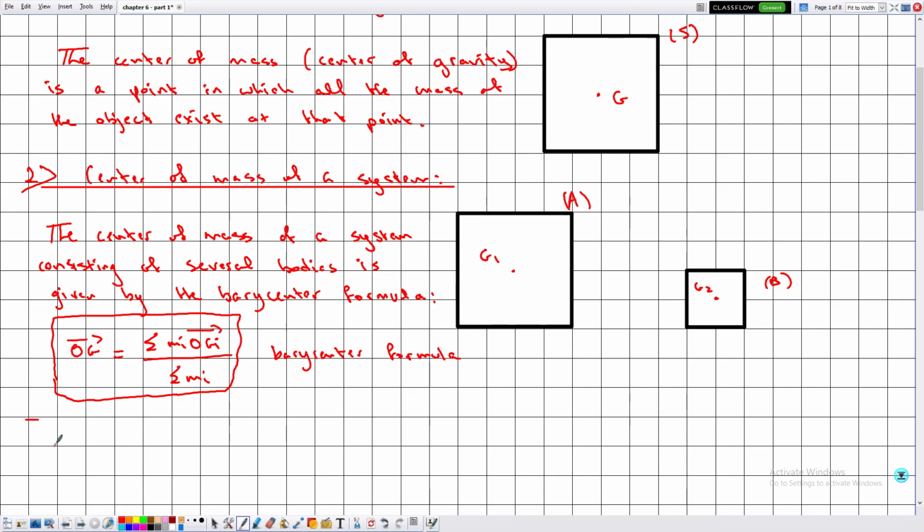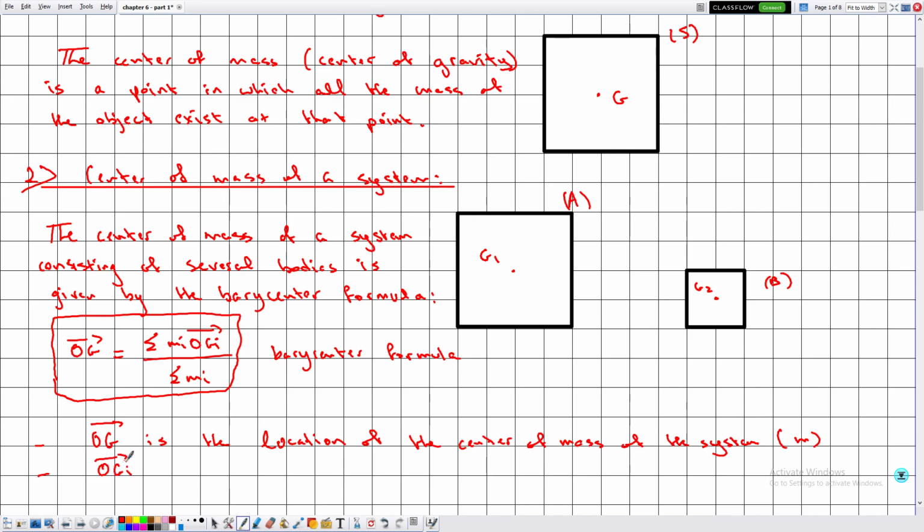Then what does each quantity represent? OG is the location of the center of mass of the system, and it is expressed in meters.